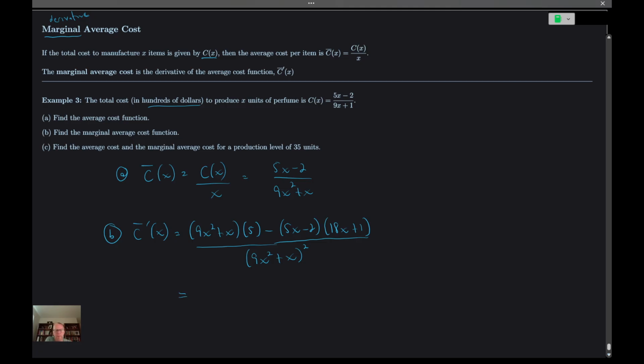Now let's simplify the top. So we have 45x squared plus 5x. And then we'll FOIL this. So we get 90x squared plus 5x minus 36x minus 2 all over 9x squared plus x squared.